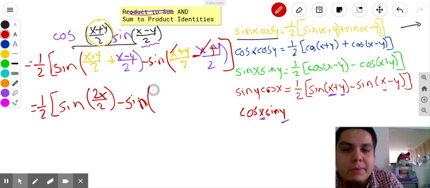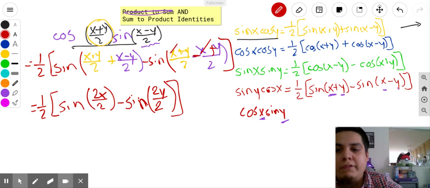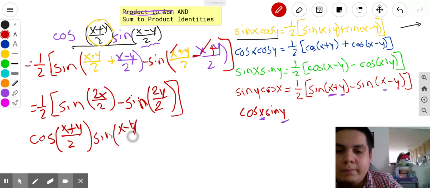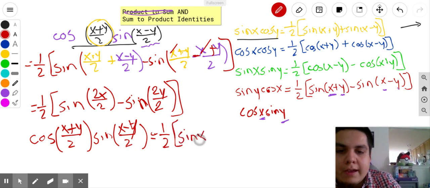Y plus y gets me 2y, or the denominator of 2. So then we are left with cosine of x plus y divided by 2 multiplying a sine of x minus y divided by 2 should equal 1/2 sine x minus sine y.